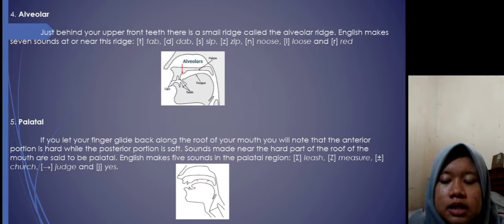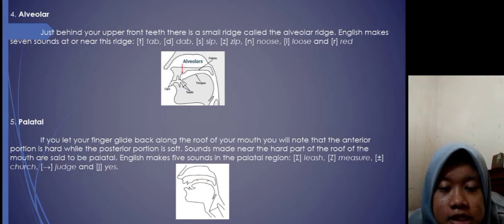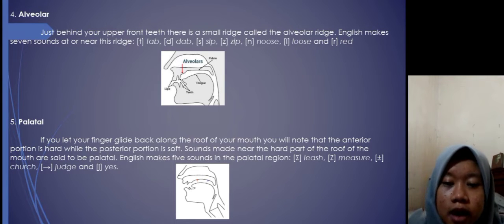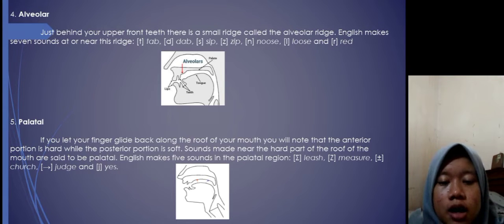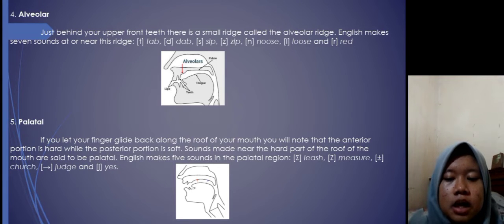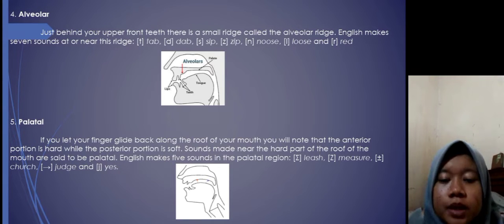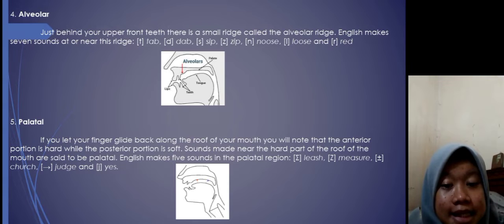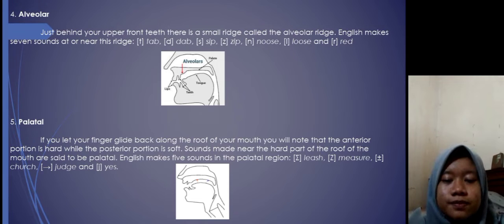In this consonant there are 7 alveolar sounds, that are T, D, N, L, R, S, and Z. For example, tea, dash, nose, lass, rat, sin, and zoo.